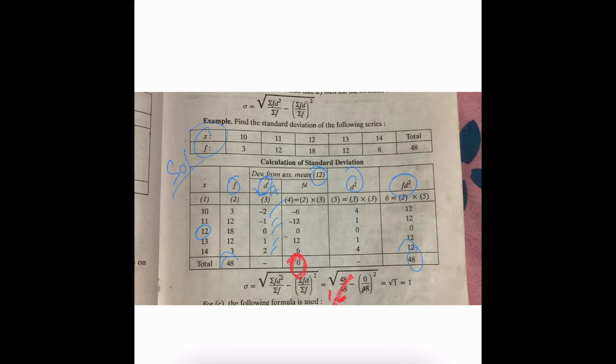So root over 1 remains. When you take the root out, the square root of 1 is 1 itself. So your sigma is 1. Hope you understood this.